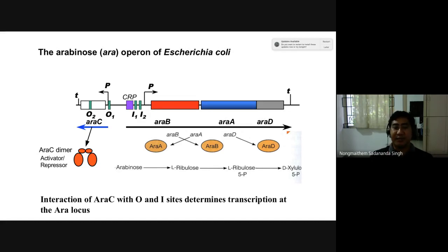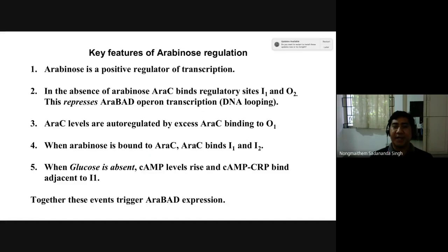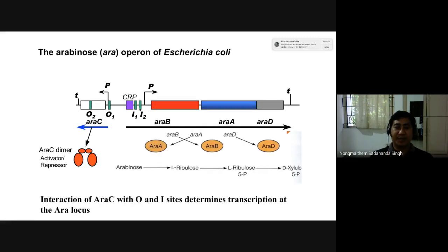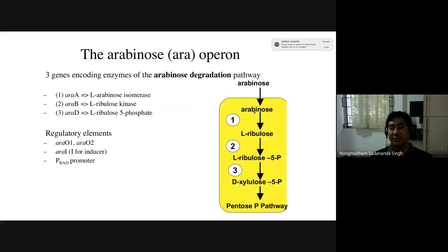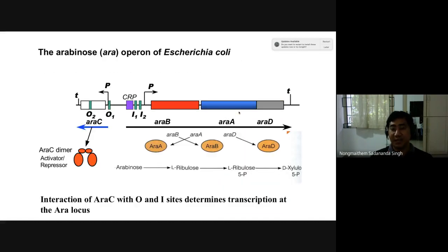But when there is arabinose, what happens is that AraC binds to the inducer elements I1 and I2 instead of O2 and I1, and allows the expression of the araBAD genes, which allows the utilization of arabinose.